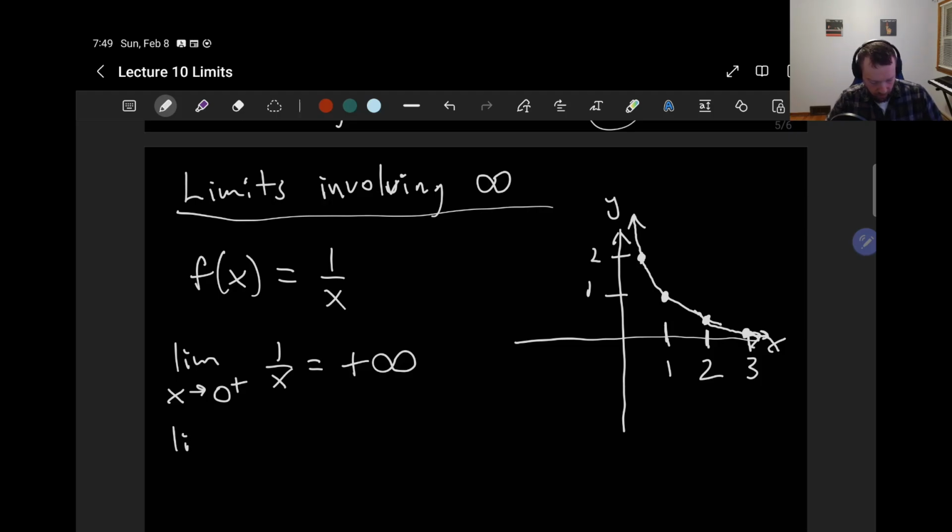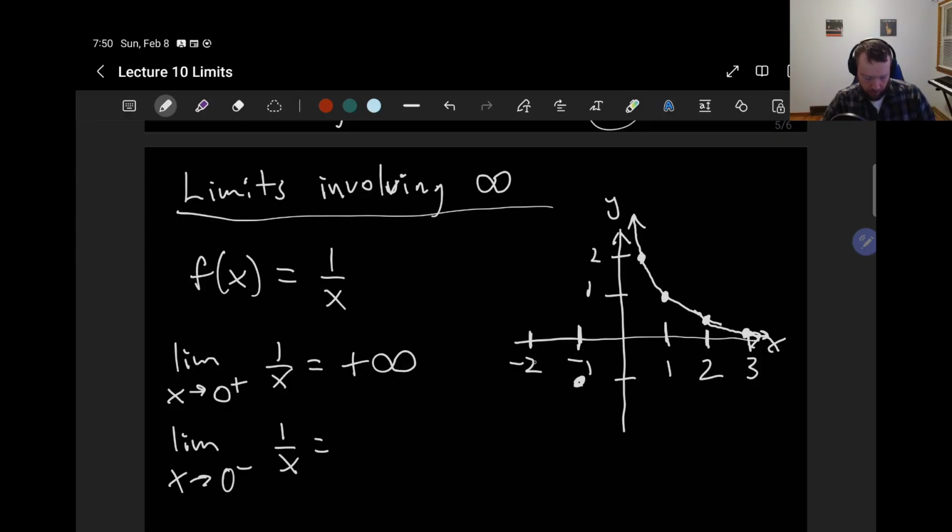Now, what about the left one-sided limit? Well, I haven't quite drawn that yet. Let's think about it. So, if I plug in -1 for x, then my y value will be 1 over -1 or -1. So we've got a point here.